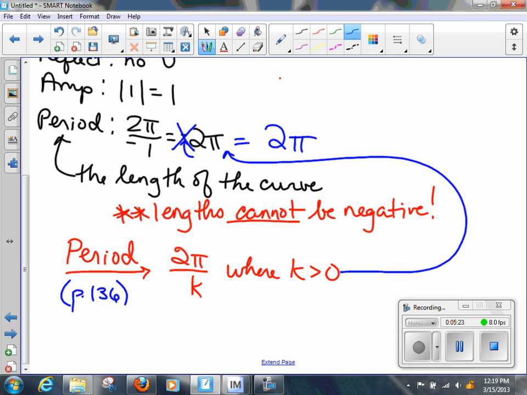So you guys know in geometry it's all about explaining why, right? How come we can just disregard this negative symbol? It's because of that definition where k, which we called b in our original notes, has to be a positive number. k greater than 0 means that it has to be a positive number.